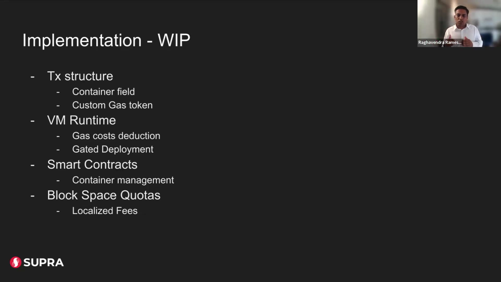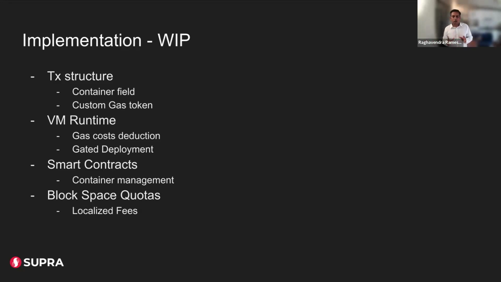The gas cost deductions are no more ETH or native currency based deductions. It has to be based on the custom token from the user, and then we'll have to refund it based on the amount that is unspent. And also the VM has to be modified to allow the container owners or the administrators to approve or disapprove a smart contract deployment. Okay.